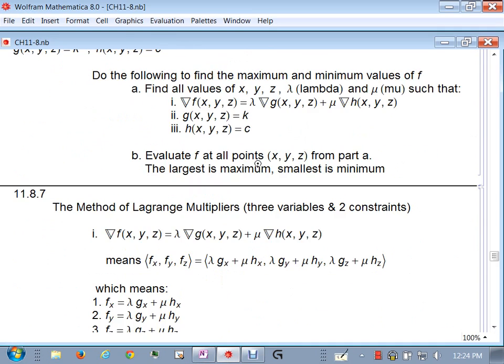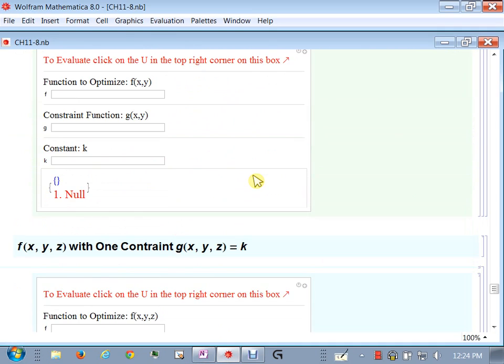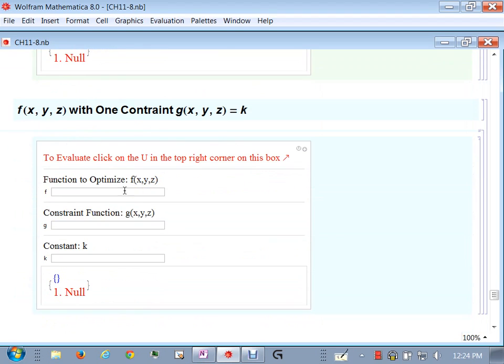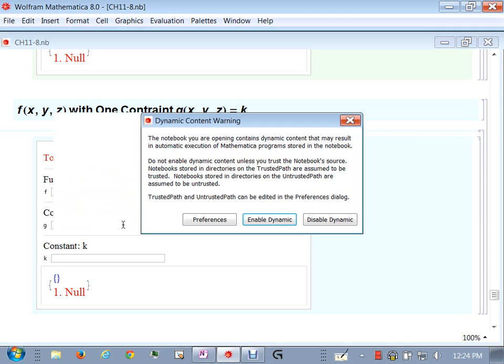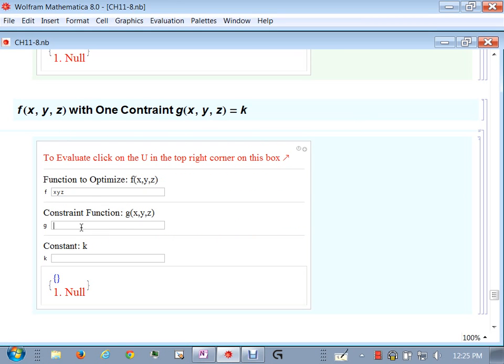Let me see something here. Let's see if it matches up to what my program does. X times y times z, and the constraint was 2xz, 2y times z, 3x times y, and that equals 81.